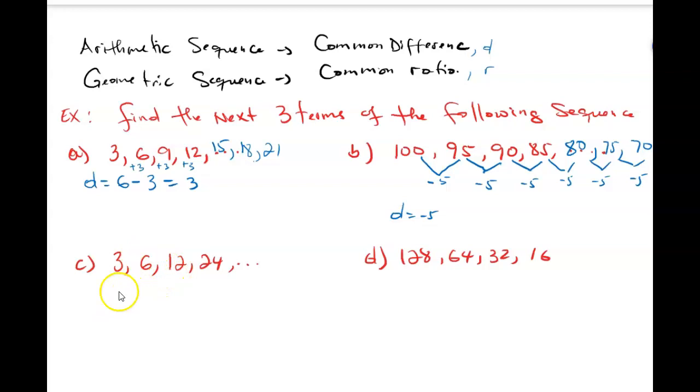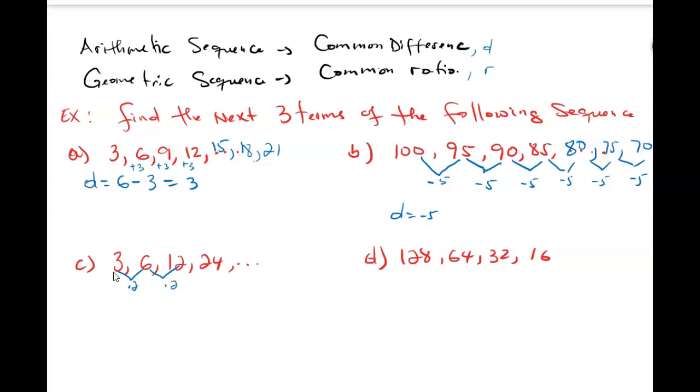In that case, we need to find what else we can do to 3 to get 6. We have to divide 6 by 3. So 6 divided by 3 is 2, which means to get from here to here, you multiply by 2.